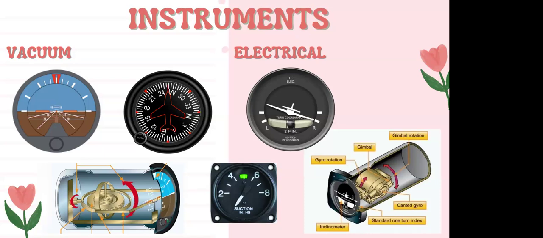If you were to lose your electrical system and you lose your slip skid indicator, so your ball, your coordination, or your 2-minute turn, telling you your rate of turn, then you still have some of that information from your vacuum powered instruments. So that's really why we have those two different systems there. But short and sweet, those are our three gyroscopic instruments.